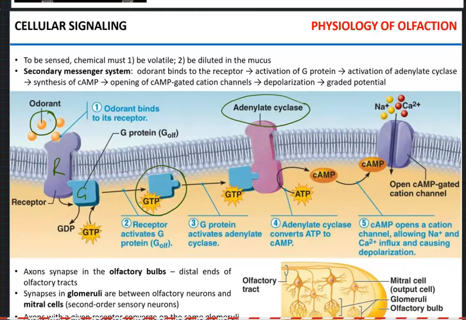This enzyme, its function is to convert ATP into cyclic AMP. Cyclic AMP opens the channel, cation channel, and sodium and calcium start diffusing into the cell. How are they charged? So when you bring positive charges into the cell, the cell becomes depolarized, it releases neurotransmitter, you have a signal. Clear?